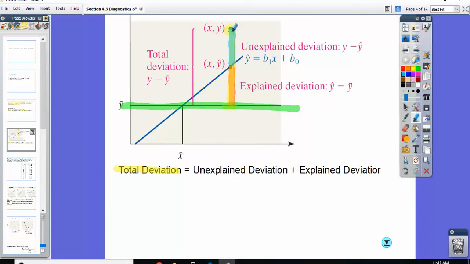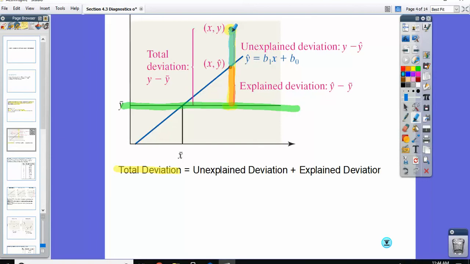So really, what I just want you to get from this, when we're talking about the deviation or the variability here, there's explained and unexplained. Explained we expect because we know not every point is average. Unexplained is why didn't my point fall on my line of best fit? There are lots of reasons for that.